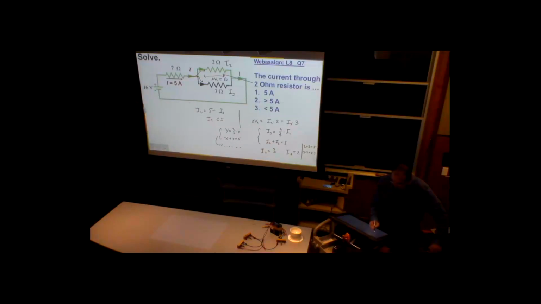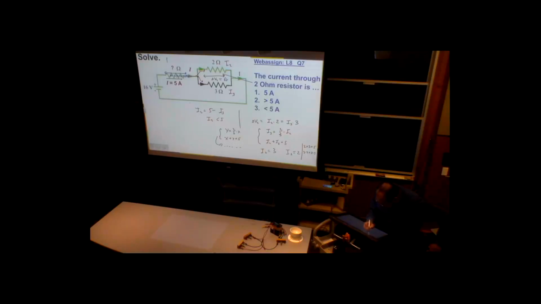And this voltage is supposed to be equal to this voltage, supposed to be 16 minus 6, which gives 10 volts. And now, since we know a voltage and current, we can calculate the resistance of that element.